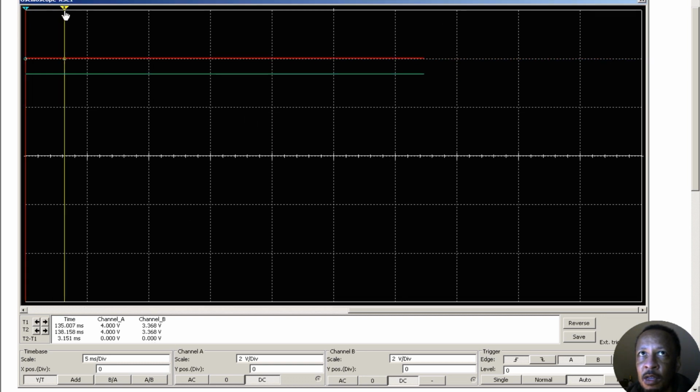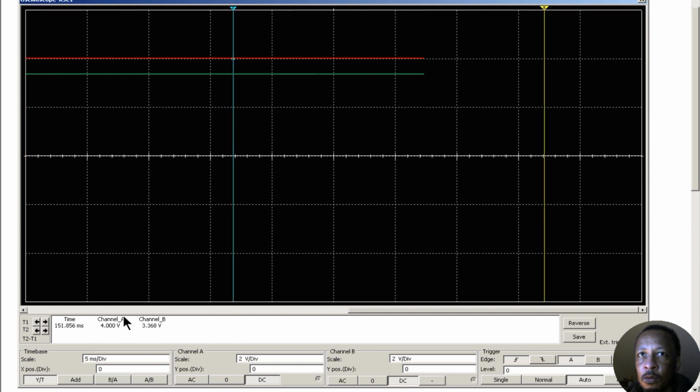We expect to see that at 4 volts, where channel A is my input, channel B is my output across that resistor, we have 3.368 volts distributed across that resistor.